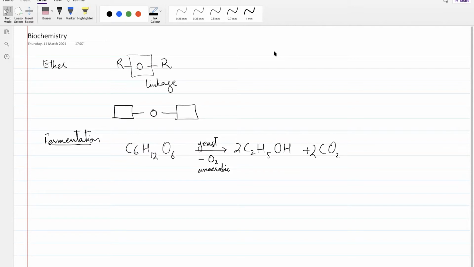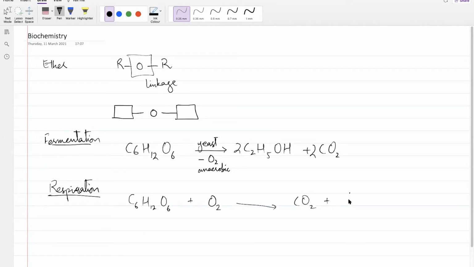Another one is respiration. We talked about this when we talked about sources of energy and how energetics works. So respiration is usually done in presence of oxygen. So you take this same glucose and you add oxygen to it, and it will produce carbon dioxide and water.